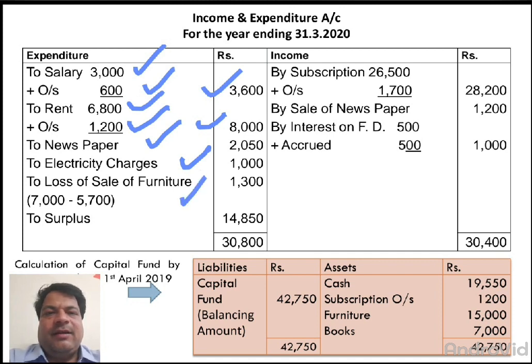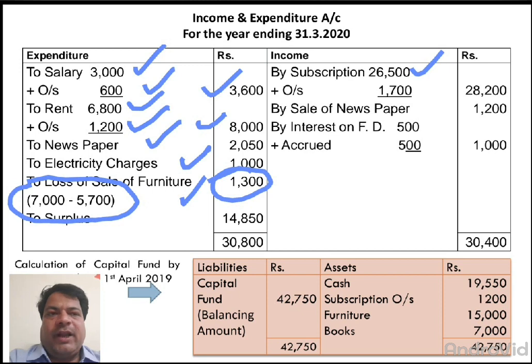The book value of the furniture is 7,000 rupees, whereas we have sold it for 5,700. So the loss will be transferred to the income and expenditure account. Subscription we are given 26,500 rupees, and outstanding subscription of 1,700 rupees is also given. We still have to receive this amount, so 28,200.